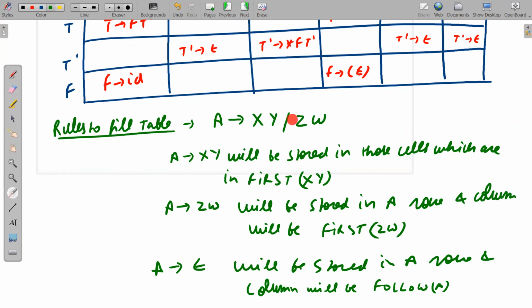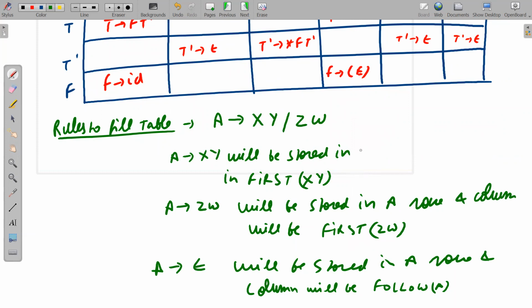Okay. So rule to fill the table. A implies XY, ZW. A implies XY will be stored in those cells which are in first of XY. So A implies ZW will be stored in A row. Okay, let me write proper.